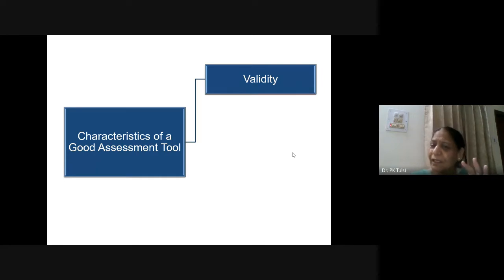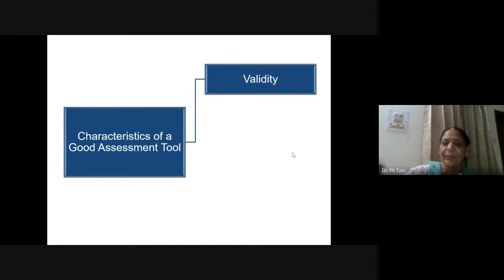The second thing to enhance the validity of a question paper is that we know that in the cognitive domain, there are 6 different levels. So there has to be a balance when it comes to including questions, especially when you are preparing a class test or mid-semester test. Remembering, understanding, applying, analyzing, evaluating, and creating.